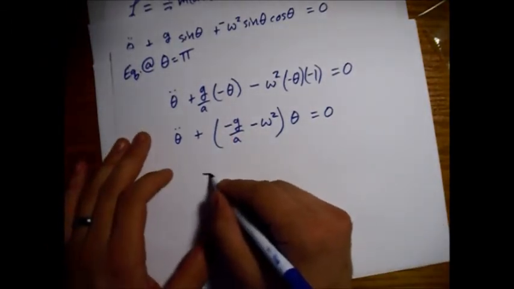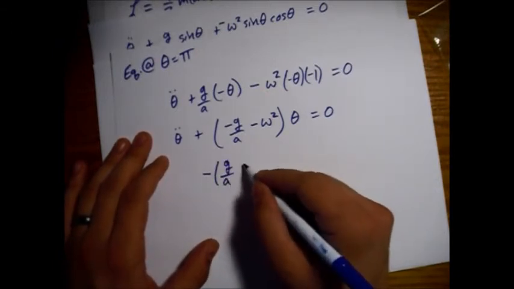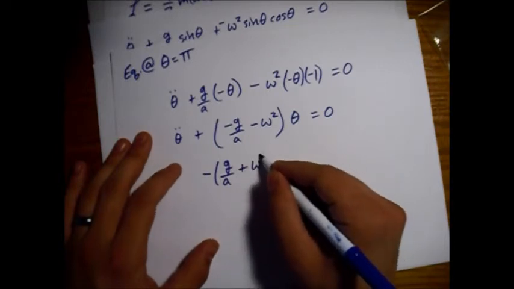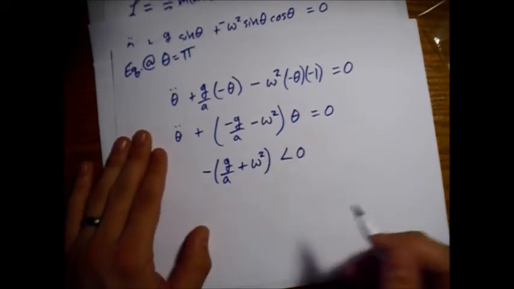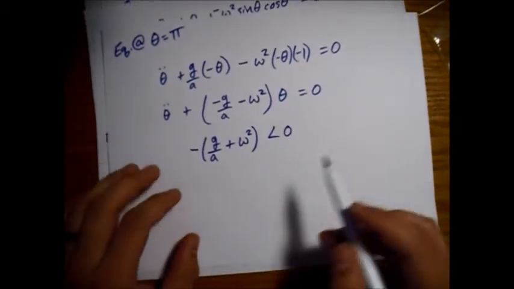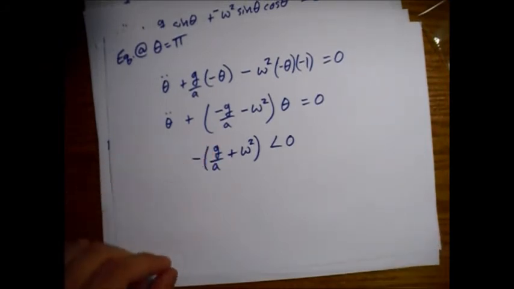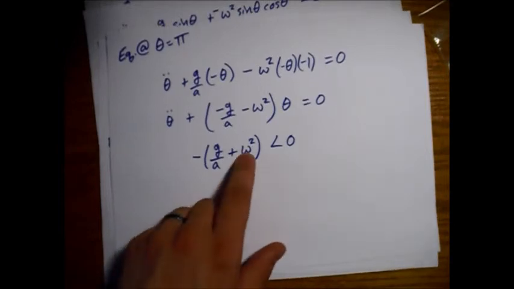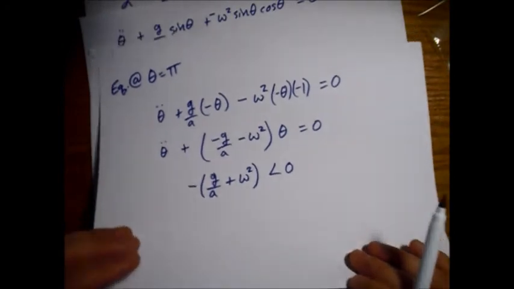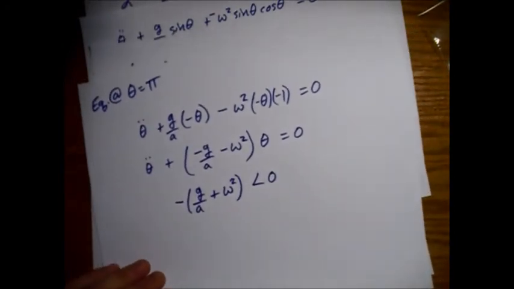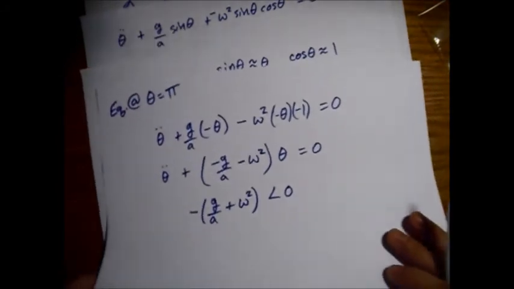Sorry folks, but once you have a minus sign out front, factoring out this minus sign like this, this is always going to be less than 0, unless you can flip the sign of gravity, or have some weird imaginary rotation or negative curvature on your... anyway, don't worry about it. This will always be unstable for our situation.